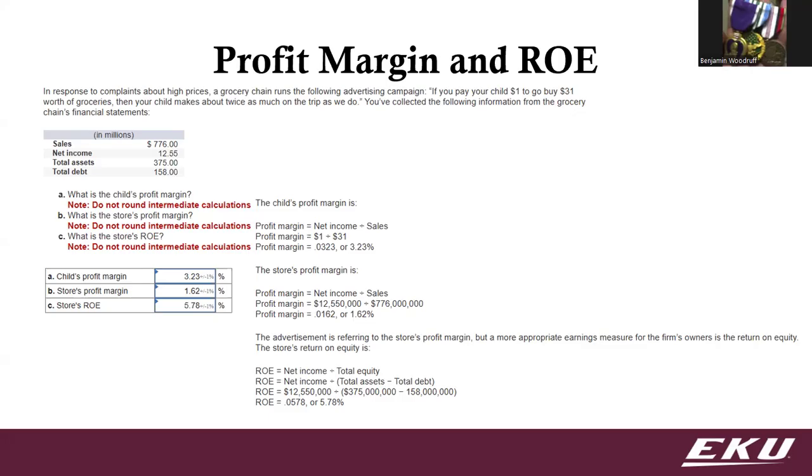They said if you paid your child $1 to go get $31 worth of groceries, the child would make twice per trip that we do, right? So basically, given the financials of the store, we can calculate the profit margin for the child and the store, and yes, indeed, the child does make more, about twice, right?